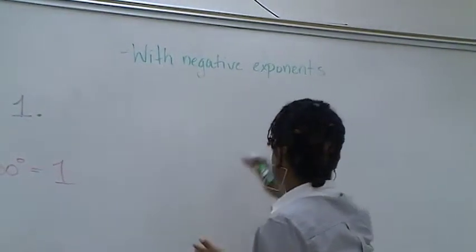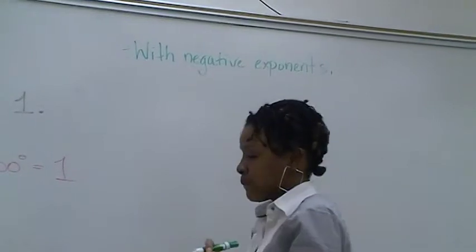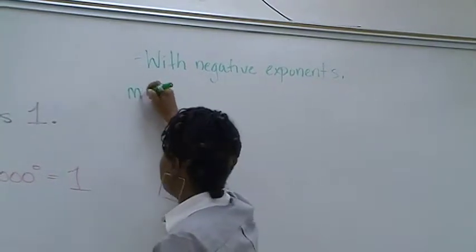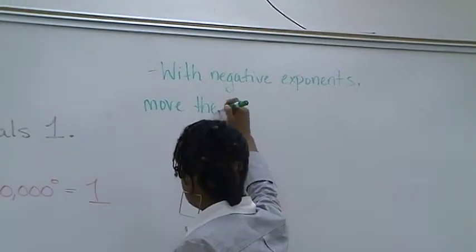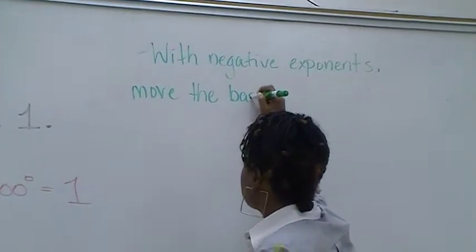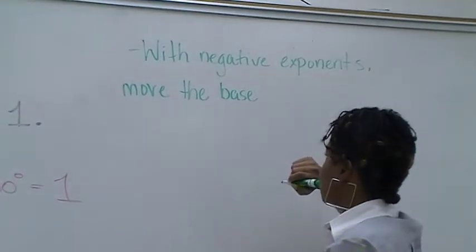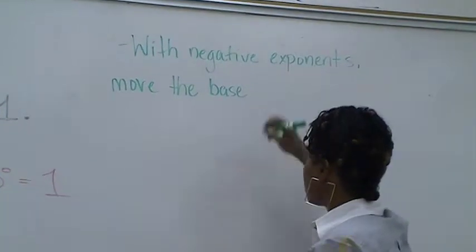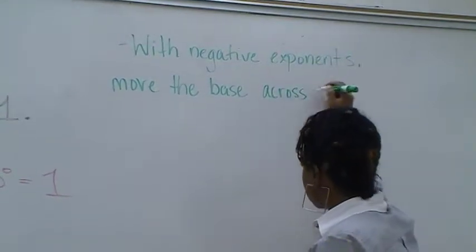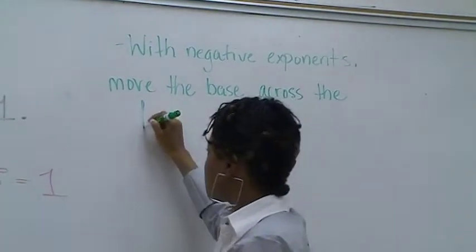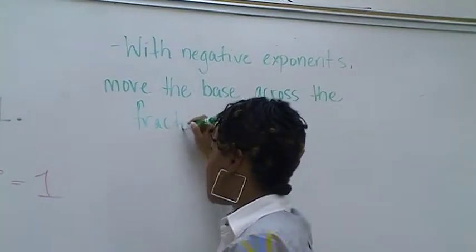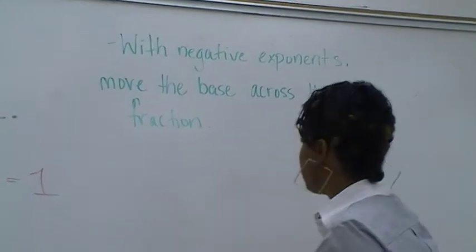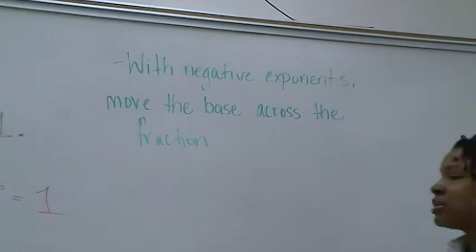With negative exponents, move the base across the fraction. Now that makes absolutely no sense right now, probably to most of you, but we're going to see what that means. Move the base, with the negative exponents, move the base across the fraction.